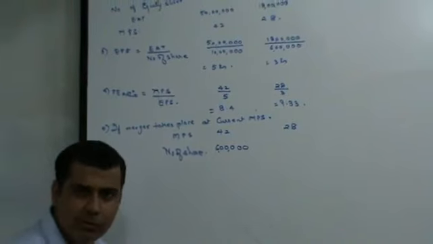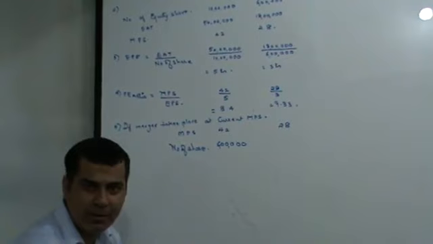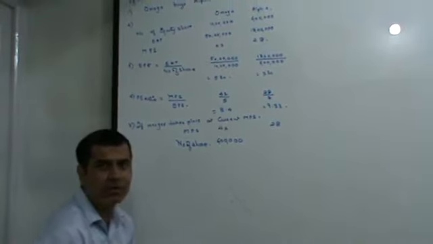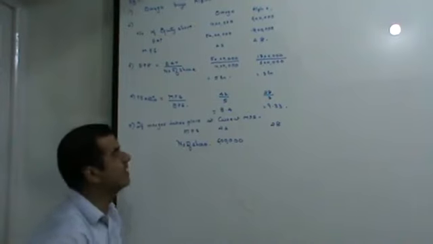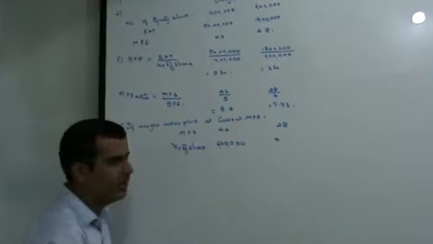Now if it buys those shares, how is it going to pay Alpha Limited? It is not going to pay with money, but with shares of its own company. So if Omega Limited takes over 6 lakh shares of Alpha, how many shares of its own company will it give?